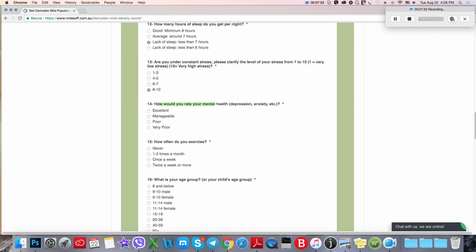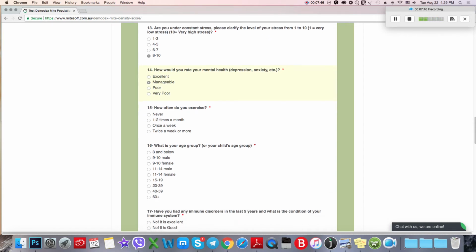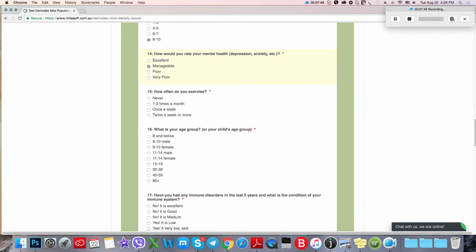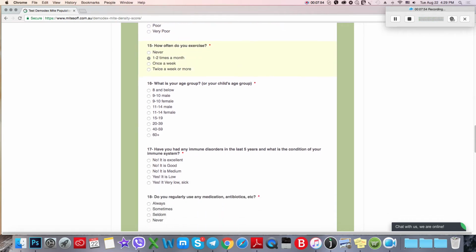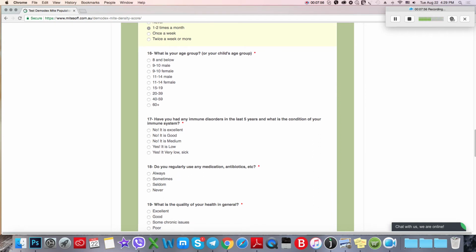So it asks a lot about your health, mental, physical, your activity. A higher population of Demodex can be linked to the health of your immune system. A lot of people tend to start having issues after their immune system has gone down.